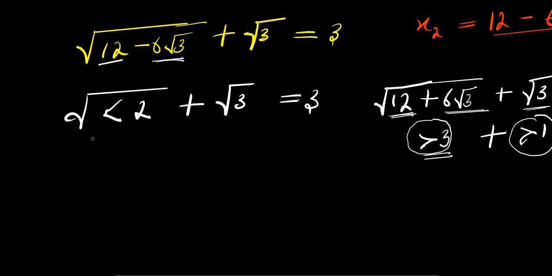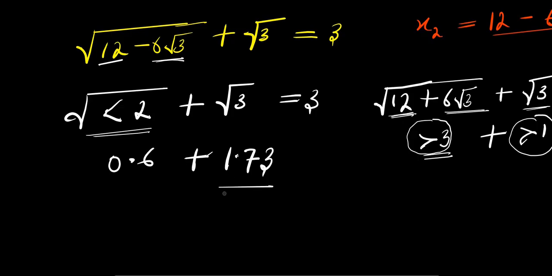Now, since this is probably less than 2, the square root of this number will give you obviously 0 point something. And if you add it to square root of 3, it's about 1.73. So this is about 0 point something, maybe 0.6 also. So if you add it to this particular value here, obviously this is approximately 3.